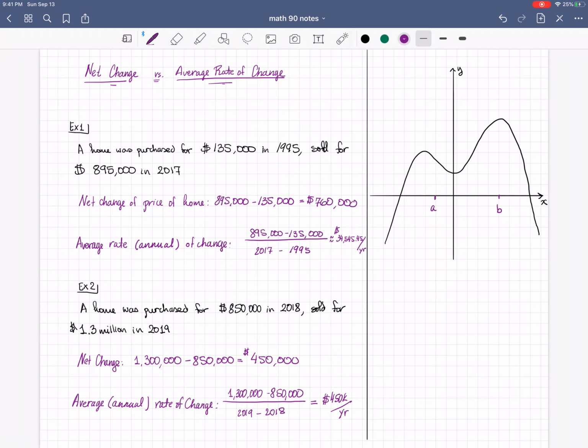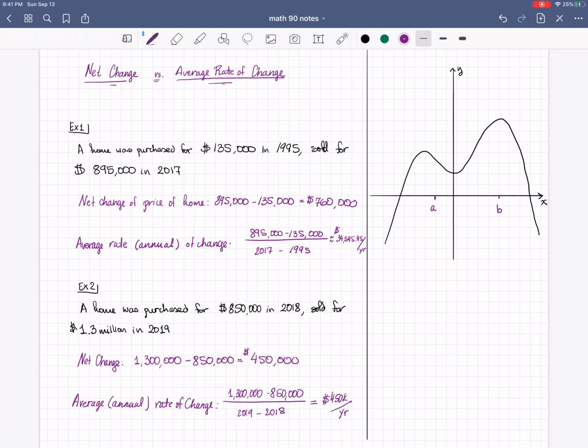Notice I'm not talking about profit here. I'm purely talking about the change in the price per year. If you're talking about this from the point of view of real estate investing, then there are more questions to ask.